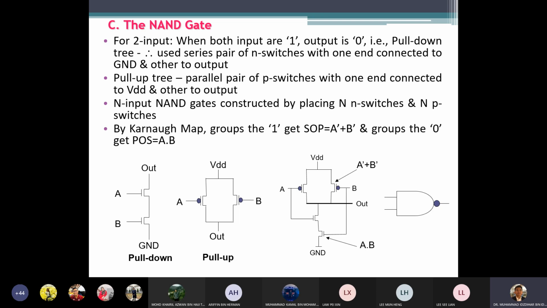So since you know these two networks, pull-down and pull-up, we just combine them: pull down, go down; pull up, go up. And you can have a connection just like in the figure on page 15. So this is the equivalent circuit for the NAND gate.